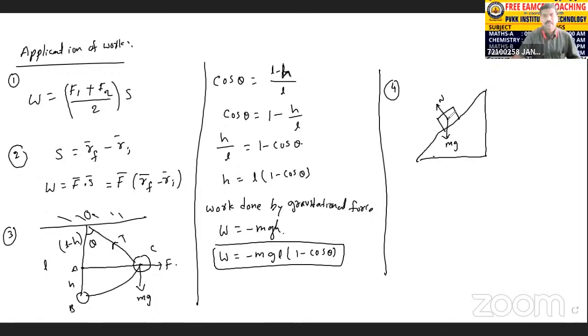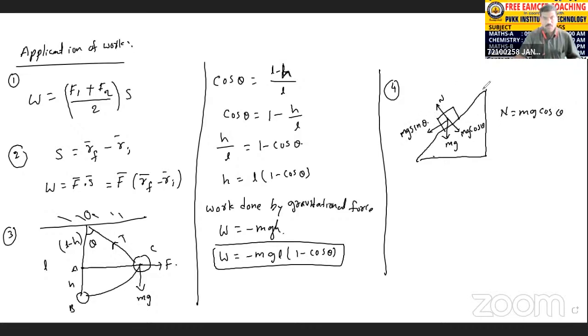This weight is divided into two components: one is mg cos theta, another one is mg sin theta. We know that the normal reaction N is balanced with mg cos theta. We already discussed this in yesterday's class.